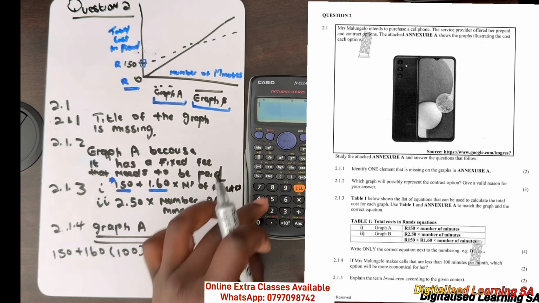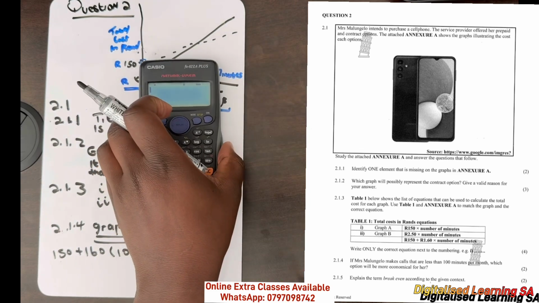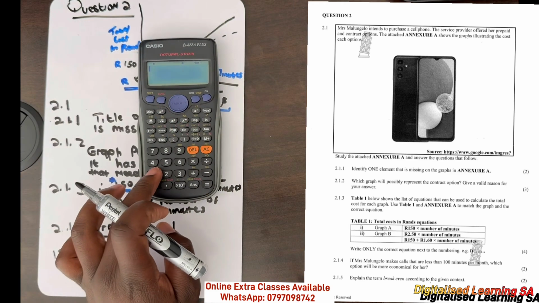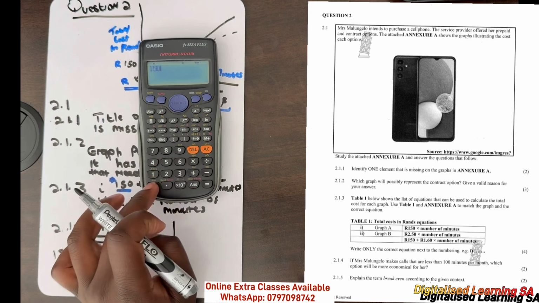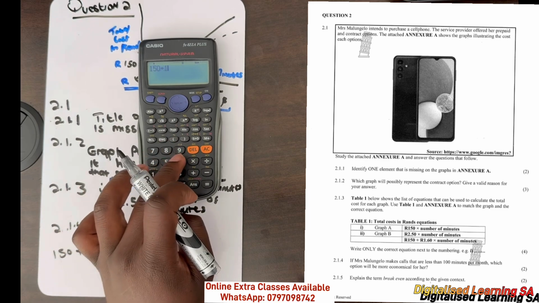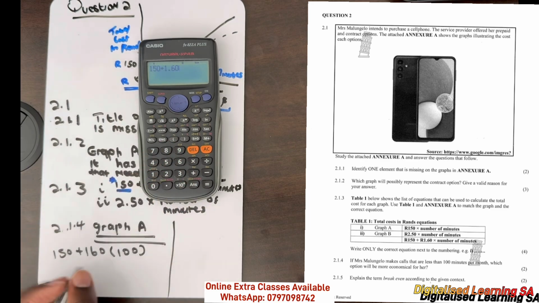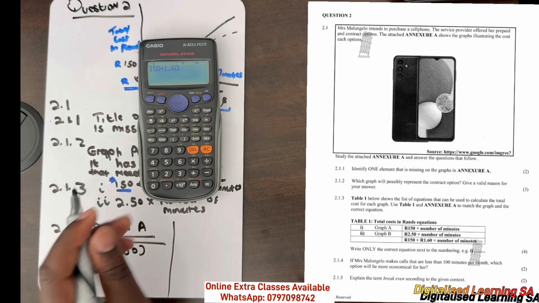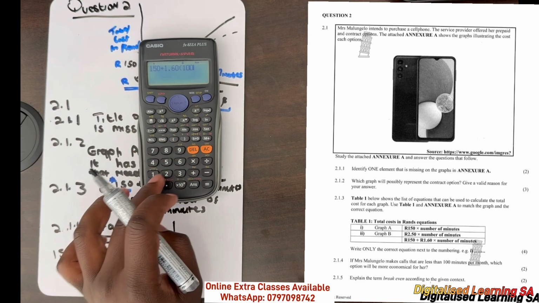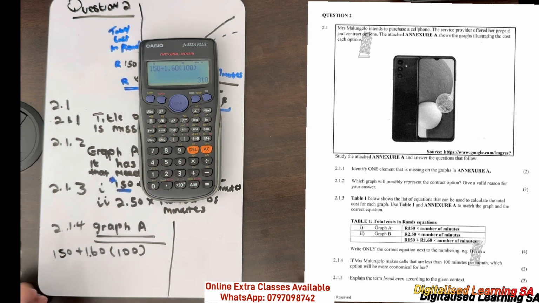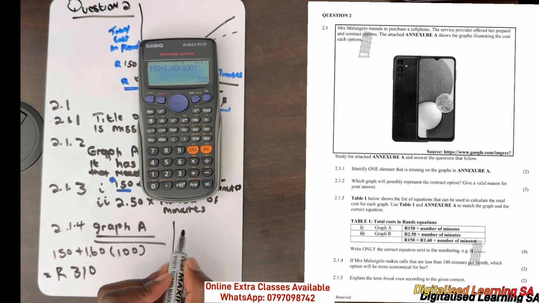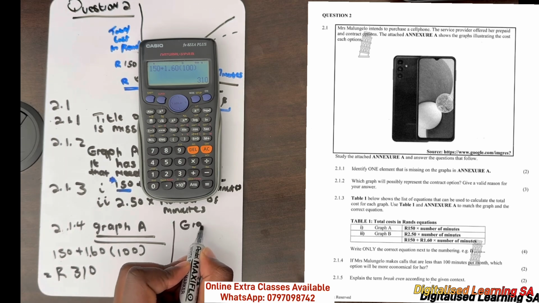So if we plug this on our calculator, we will have 150 plus 1 rand 60. So it's 1 rand 60, not 160. 1 rand 60 multiplied by 100 minutes, the number of minutes, and we can see that it will cost her 310.